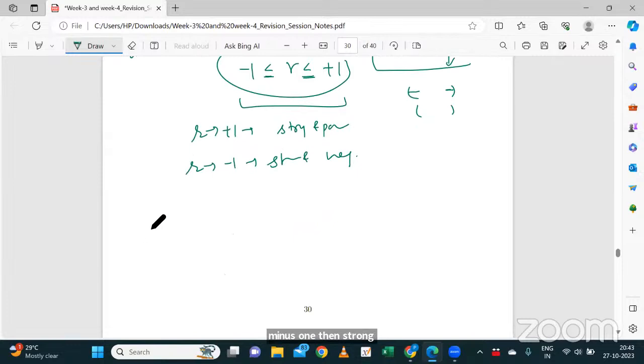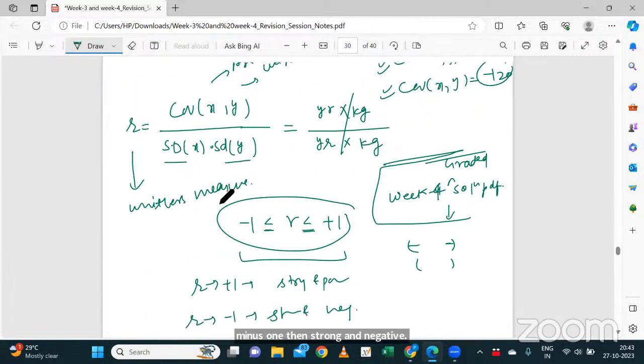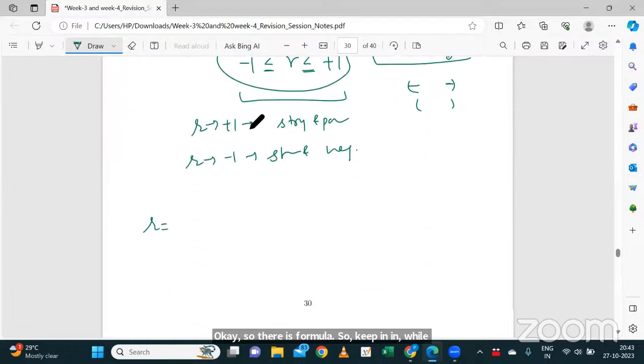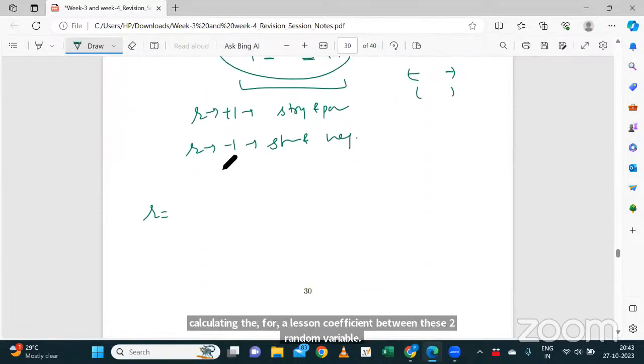So there is a formula. Keep in mind while calculating the correlation coefficient between these two random variables, make sure you are using the same thing.